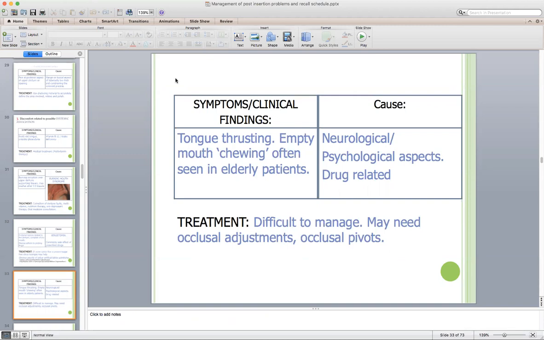The reason behind it can be neurological, psychological, or drug related. This particular problem is difficult to manage and may need occlusal adjustments, occlusal pivots, and regular follow-up appointments.